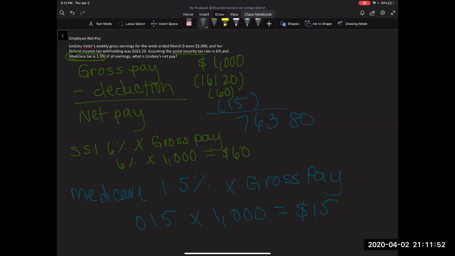Hopefully you got the same answer as I did. I'm going to check my math one more time, just to make sure I'm on the right track. Okay, yes, that's what I come up with. Take a second. You have a homework question, I think, that looks like this. Go through that, and let me know if you have any questions, okay?